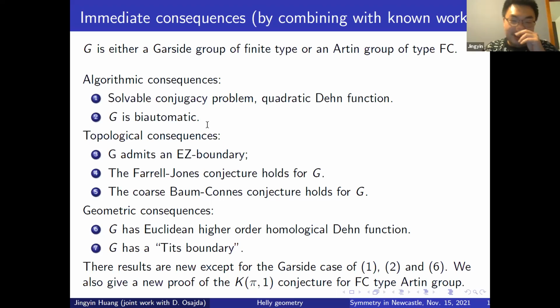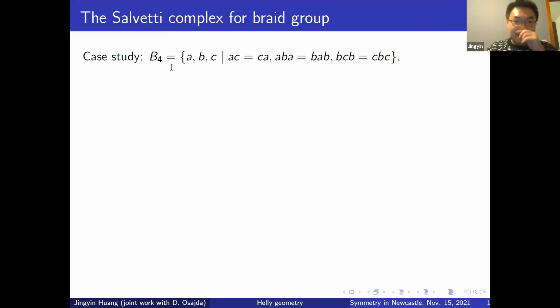Okay, so now I want to go back to the main part of this talk, which is to explain how we build a non-positively curved space for the action of an Artin group of type FC or Garside group. I'm going to focus on one particular example, which is the braid group on 4 strands.